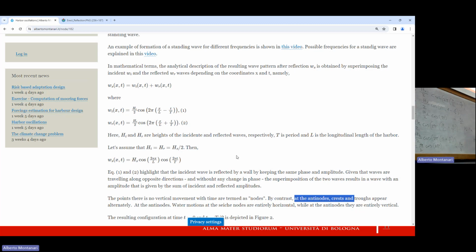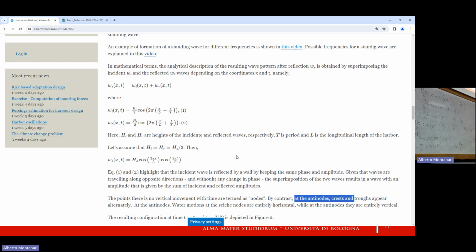I hope it is correct. Do we understand? Because after half a period we get the trough of the standing wave, so the down. After another half period, you get the up of the wave.